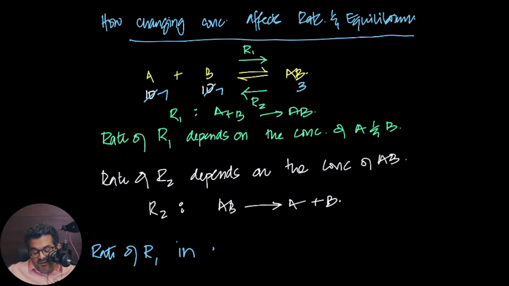Will the rate be the same as the first second or slower? I'm actually pausing to ask you. Slower. Good. So the rate will be slower because the concentration decreases.